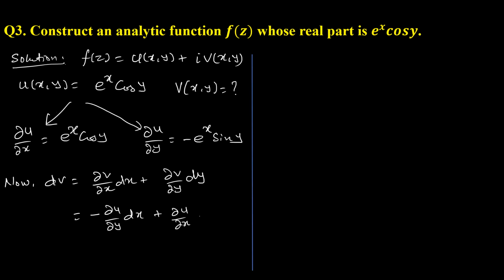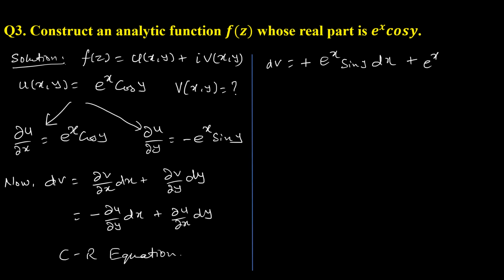So by using the CR equation, dv can be written as minus del u upon del y, so minus minus, it will be plus e to the power x sin y dx, plus del u upon del x, e to the power x cos y dy.